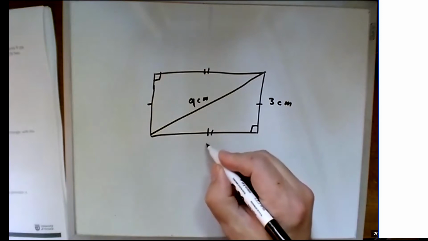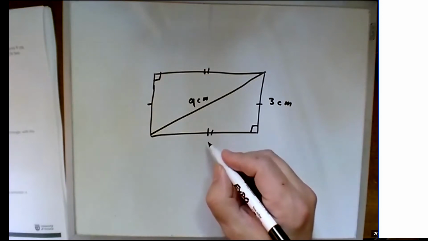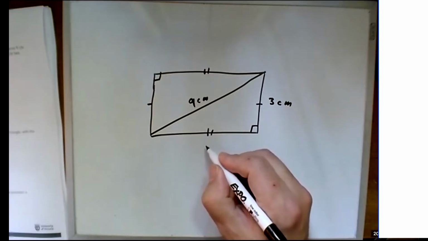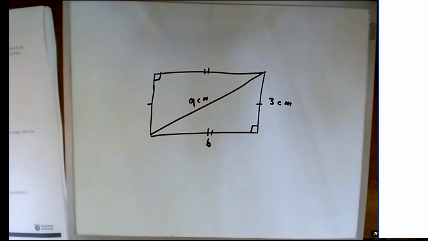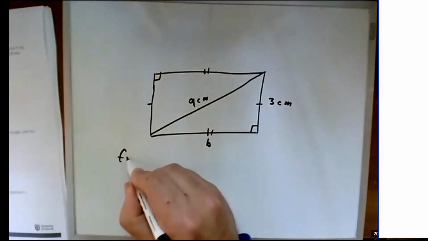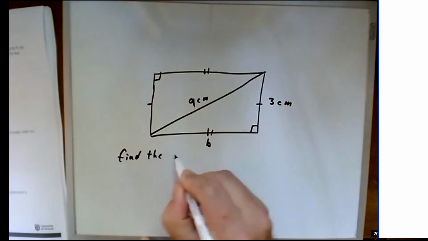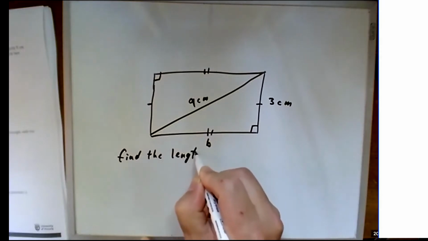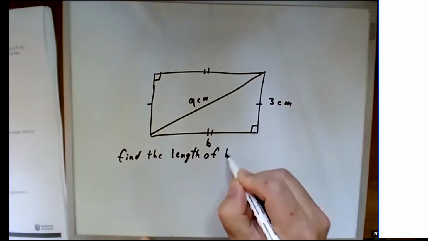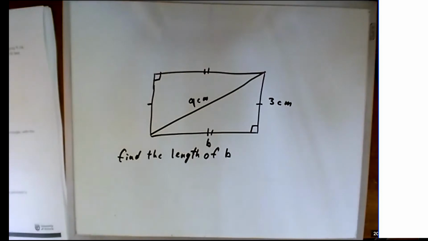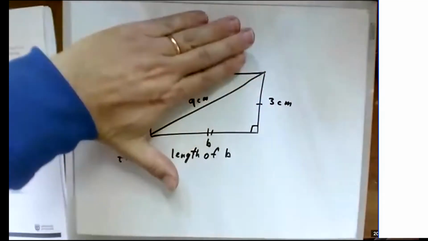I'm going to represent this side. I represent it in the notes with an L, but my L's look very much like ones, so for clarity, I'm going to call this side B. Okay, and we want to find the length of B. So, looking at this, we notice that, of course, as soon as we draw a diagonal across this rectangle, it creates for us a triangle.